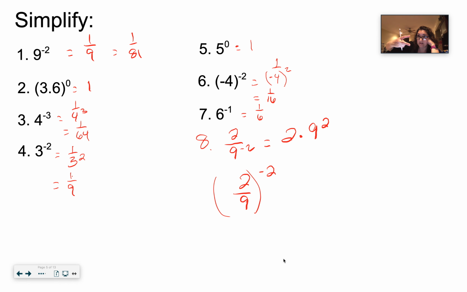But because just the negative 9 has a negative exponent, only the 9 moves. The 2 does not move. So negative 9 to the second power is 81, and 81 times 2 is 162. So my answer would be 162. Okay? All right, next page.